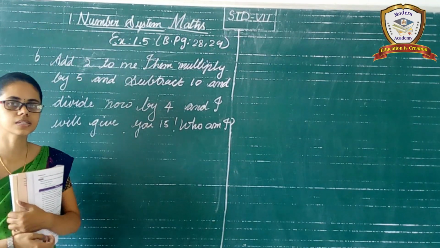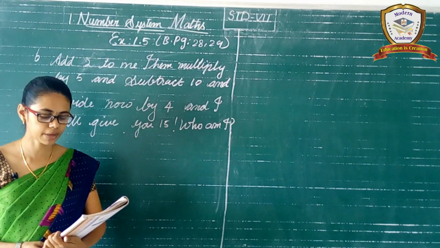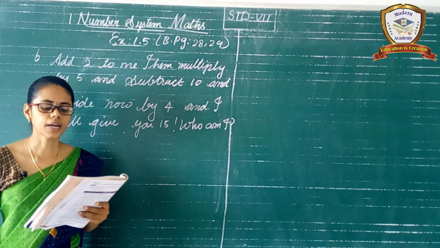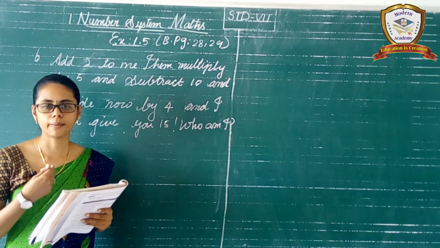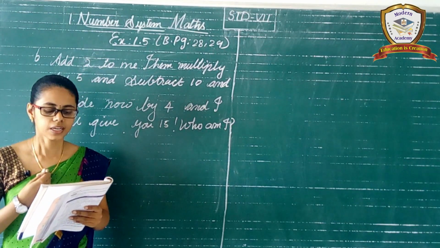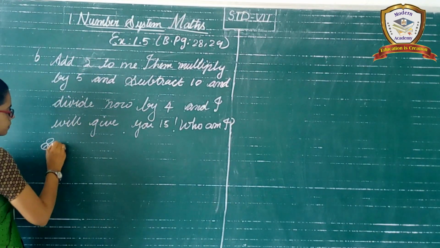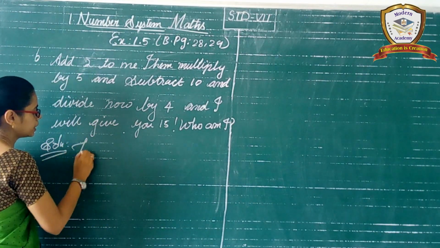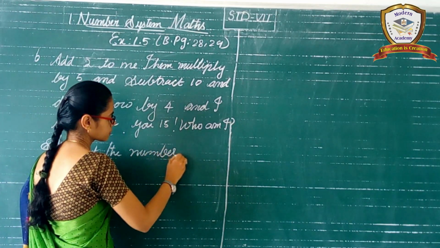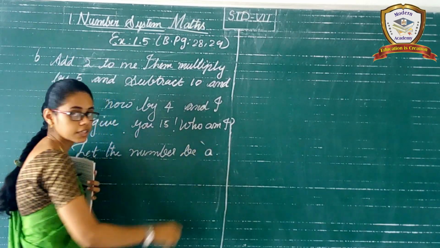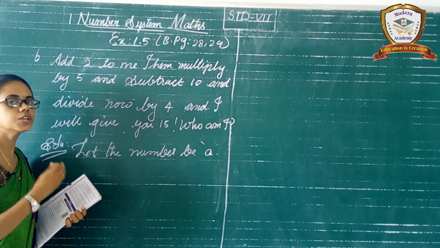Have you cleared these sums in the fifth row? Okay, next see the sixth sum. Add 2 to me, then multiply by 5 and subtract 10 and divide now by 4 and I will give you 15. Who am I? So who am I means let the number be A. So we can take, let the number be A. So see the first line. Add 2 to me.